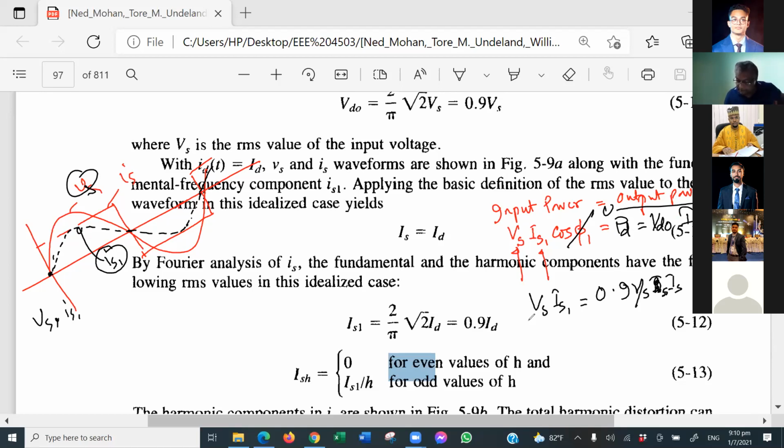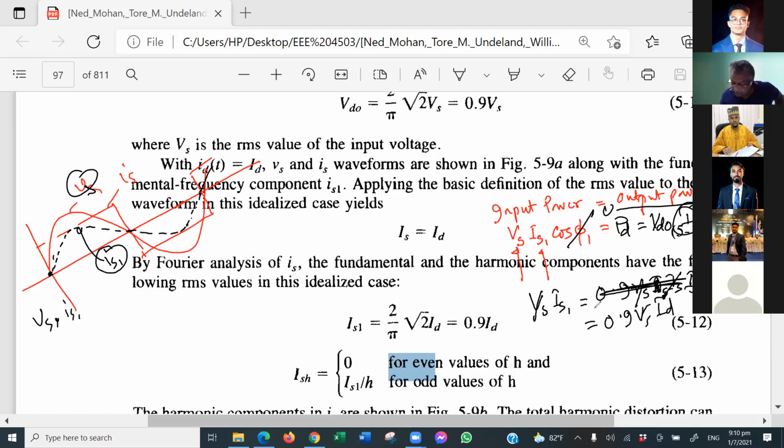Now this Vs and this Vs cancel, right? Yes, sir. And Is equal to ID; we have already proved that. VDO equal to 0.9 Vs here, and ID, keep it as ID.